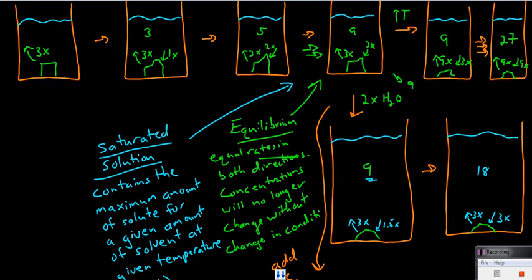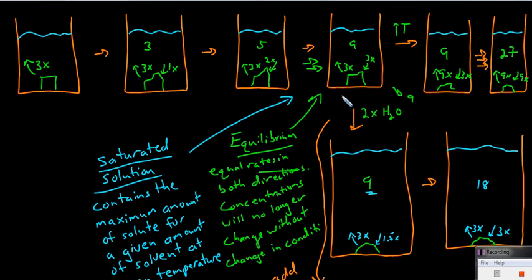Now, what if we were to increase the temperature here? Well, taking our original saturated solution and increasing the temperature, if you were to increase the temperature by, say, 20 degrees Celsius, we might multiply the number of dissolvings by 3 times. Instead of having 3 dissolvings in a given moment, we might have 9. Now, we have greater rate of dissolving than crystallization, and so we should expect for the amount dissolved to increase.